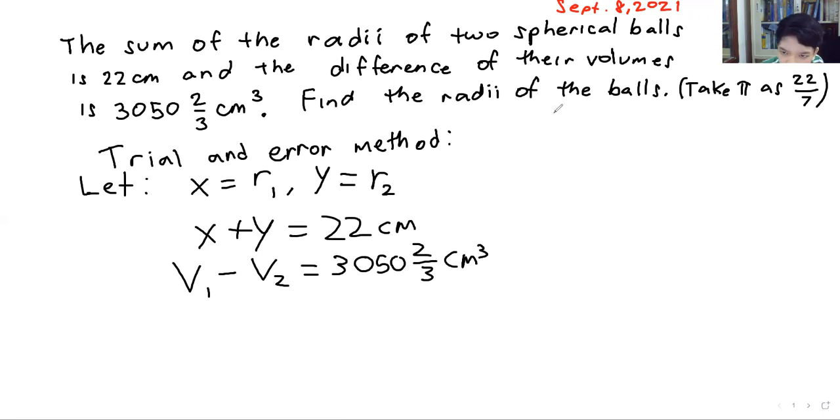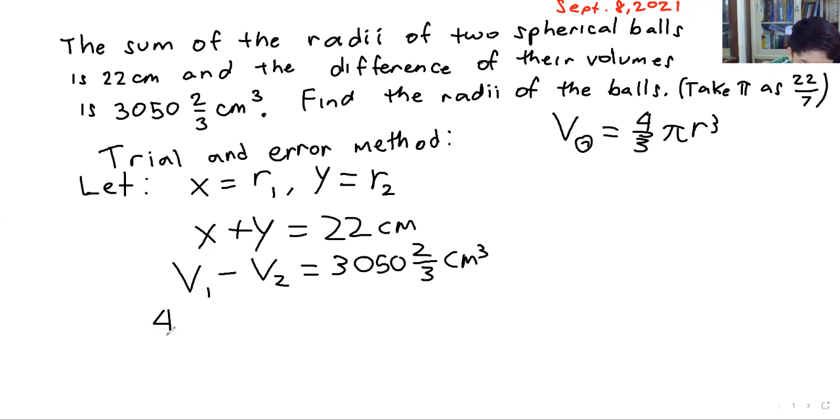So the volume of a sphere is 4/3 pi r cubed. So let's substitute the radii.